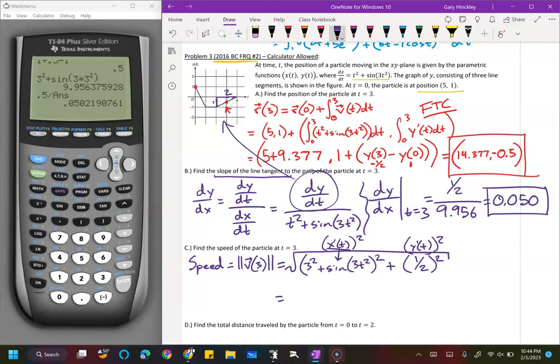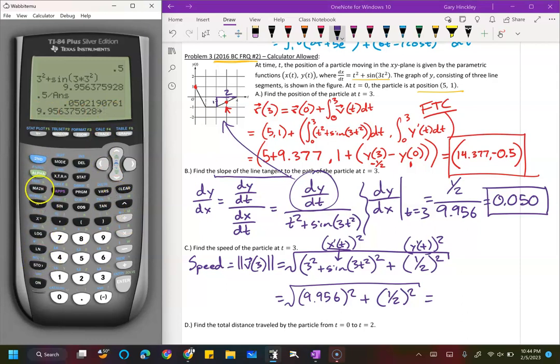So let's go ahead and throw that in. We already have the x prime value, so that's 9.956 squared plus the 1/2 squared. So we just need to throw that all into the calculator. I'm going to store that into A, just so I have that.